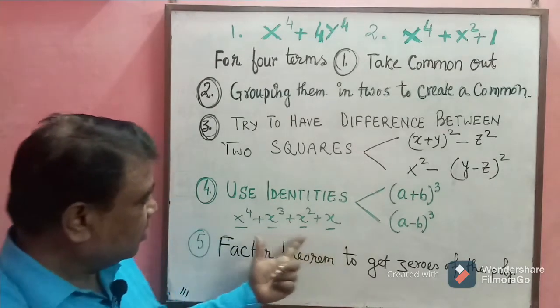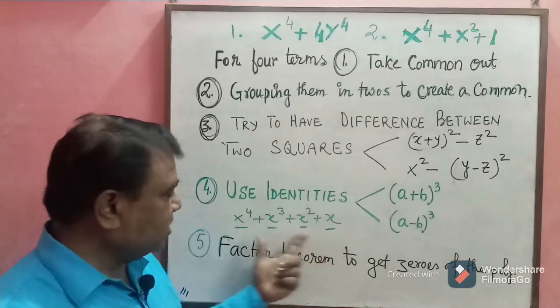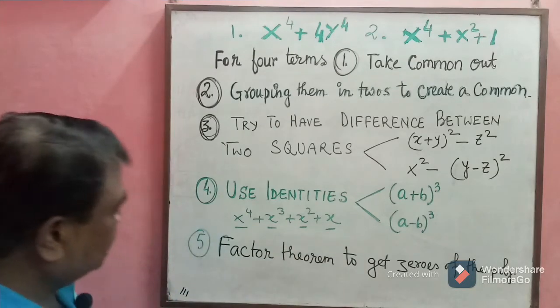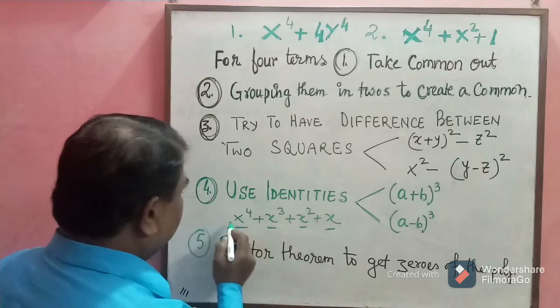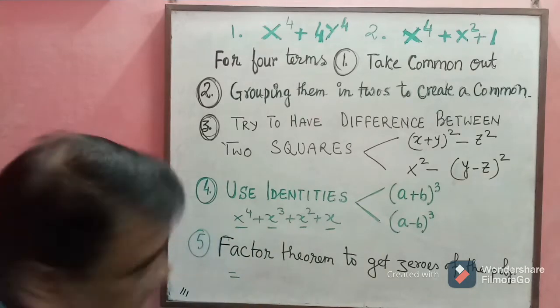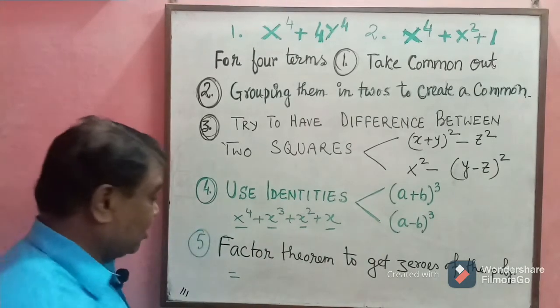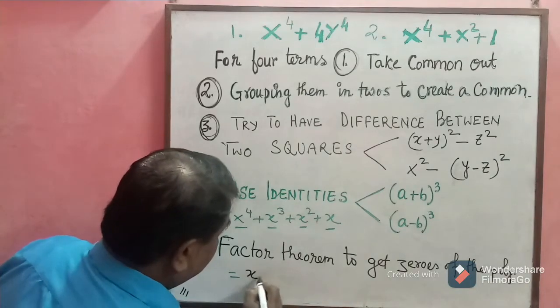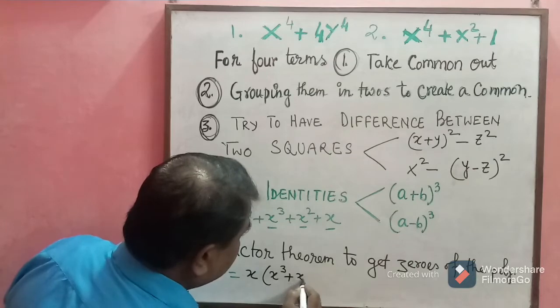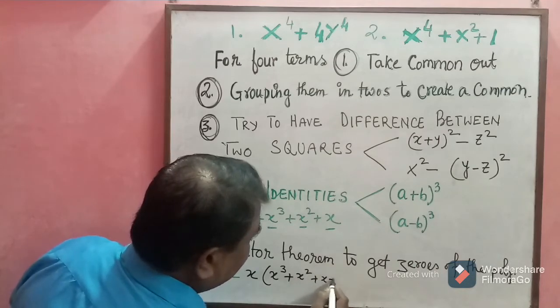X is common factor because x divides each and every term clearly. So we will take x common here. If I take x common, so automatically x will be the factor. One other factor is x cube plus x square plus x plus 1.